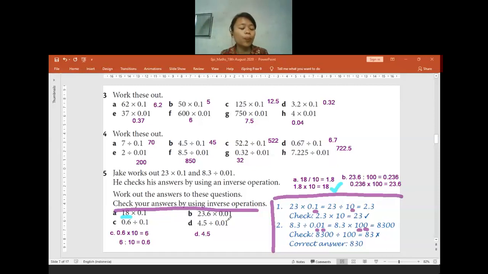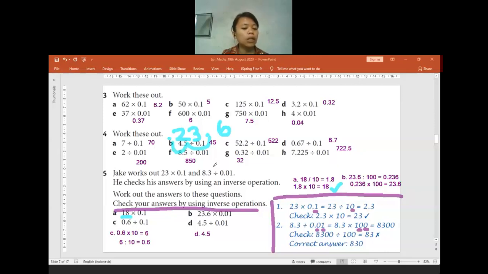23.6 times 0.01. When we multiply by a decimal, we can change it into a division. So it will be 23.6 divided by 100. If we divide the number by 100, usually you will do like this. Because there are two zeros, the decimal place will move twice: 1, 2. So now the 0 will be before the 2.